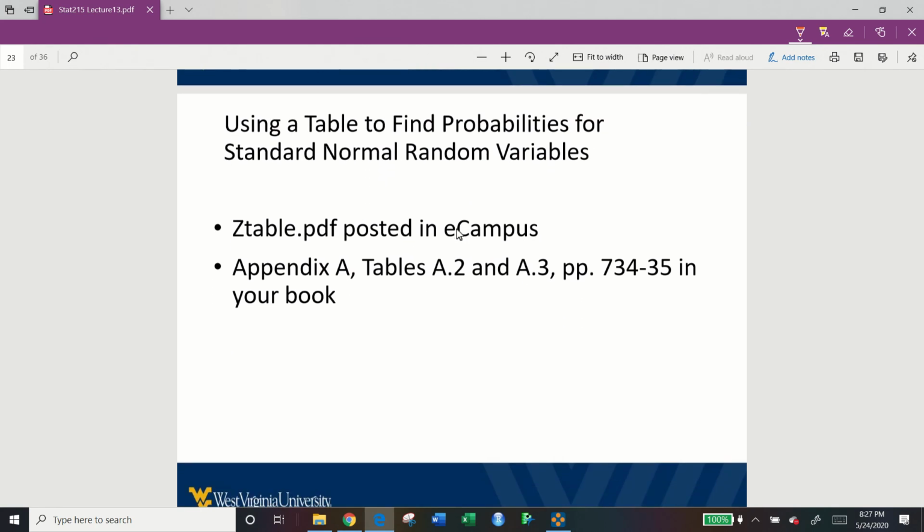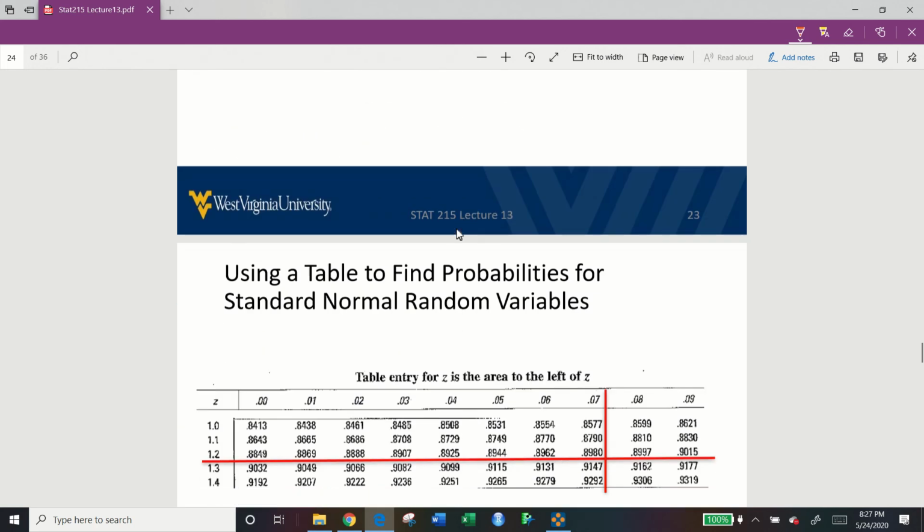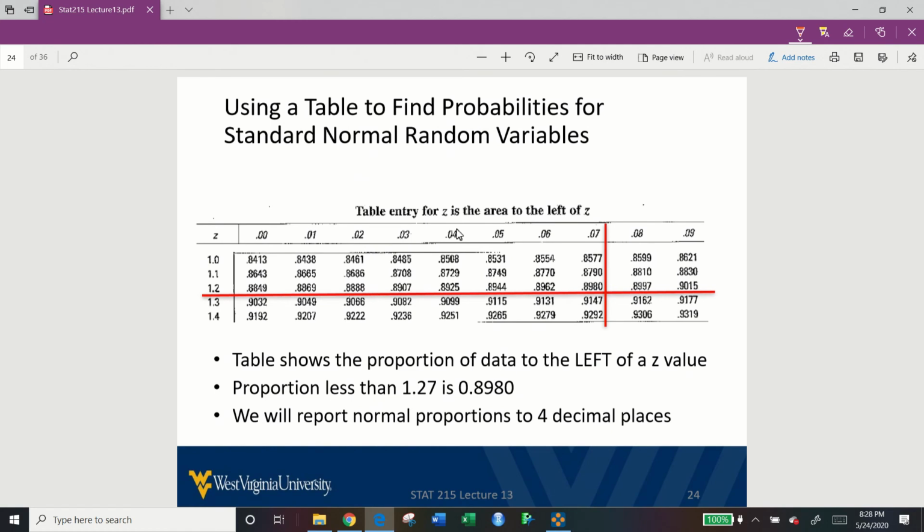On eCampus, I have posted a Z table for your convenience. It is also in your book in Appendix A, tables 8.2 and 8.3, somewhere around page 734 and 735. So here is how you can use a table to find probabilities for your standard normal distribution.